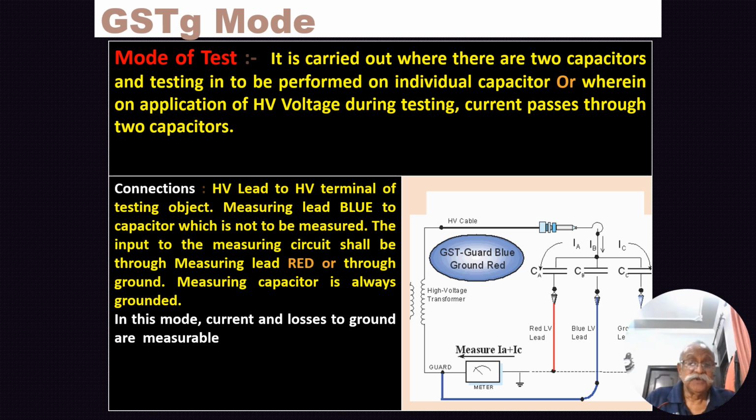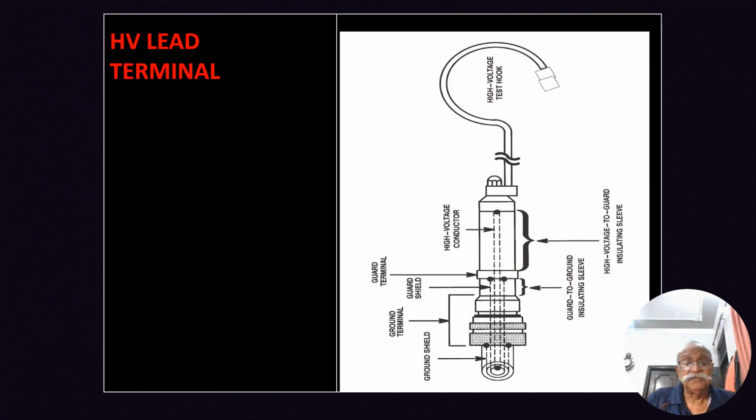GSTG mode is carried out when there are two capacitors and testing is to be performed on an individual capacitor, or wherein on application of HV voltage during testing, current passes through two capacitors. The connections are expressed over there, I need not explain. In this mode, current and losses to the ground are also measured, whereas in GST grounded mode, current and losses were not measurable, but here the losses are also measurable.